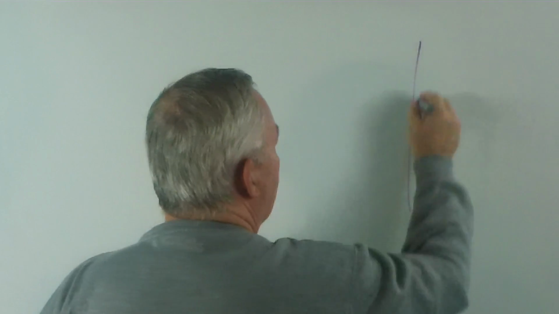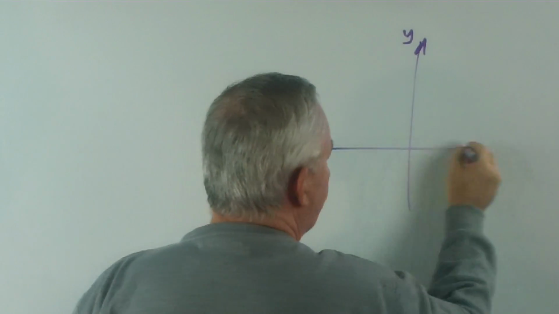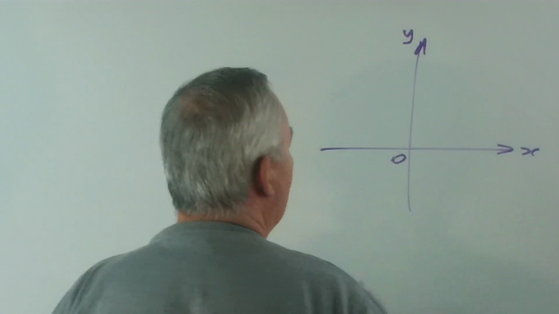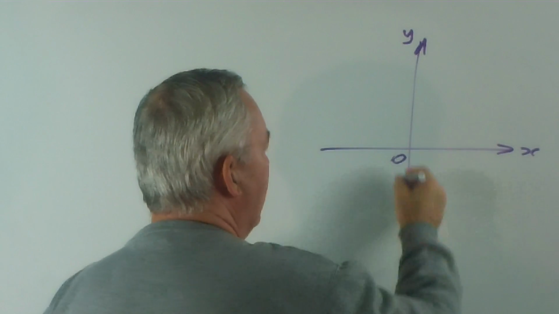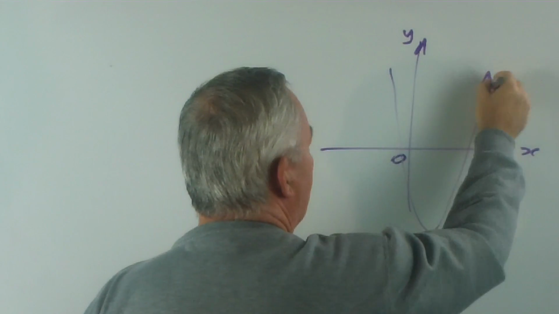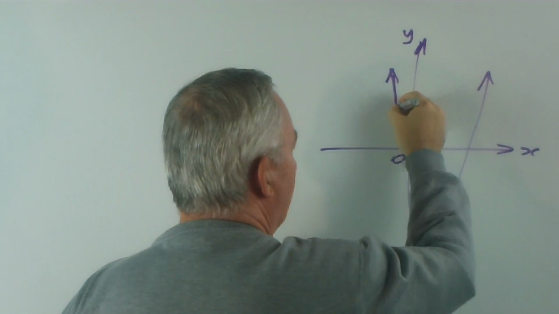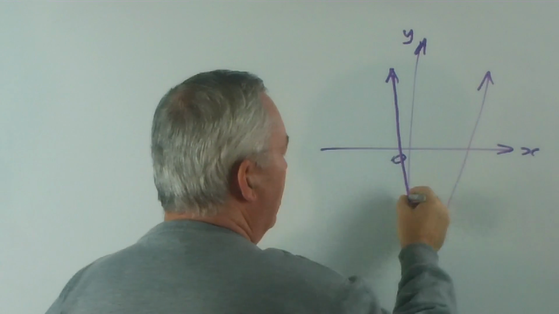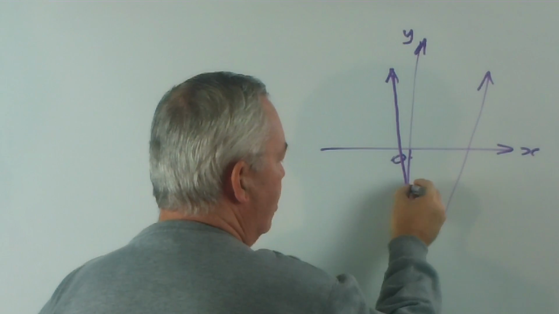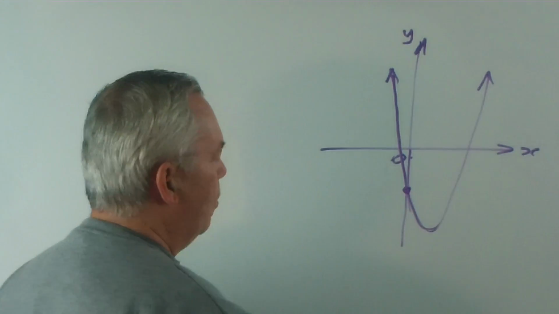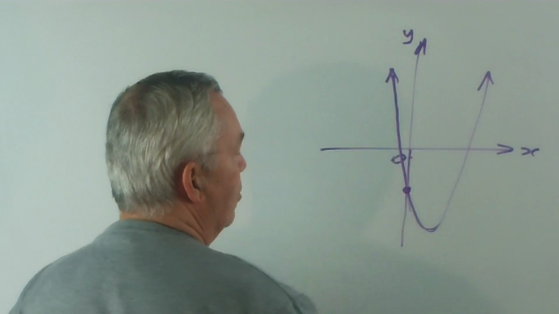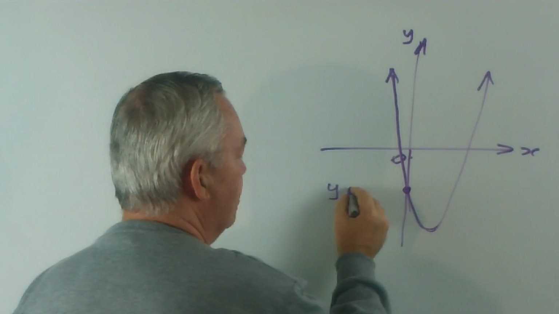You might recall that on graph paper, when we graph a quadratic equation we will get a parabola. Now our last video showed us how to find this point, what we call the y-intercept, because it's where the parabola intercepts the y-axis.